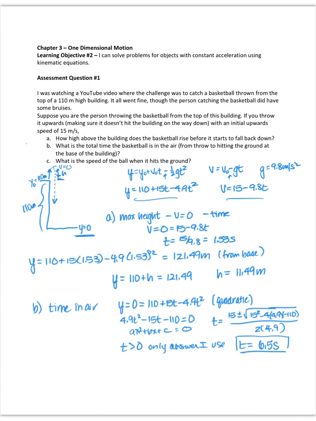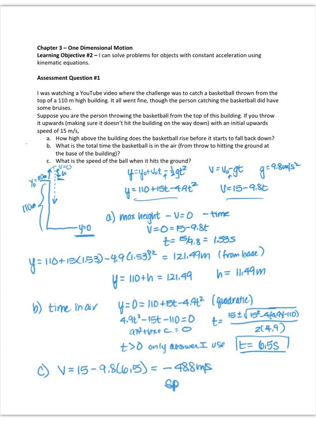Now finally, I want to know the speed of the ball when it hits the ground. I already know it's in the air for 6.5 seconds, so I basically want to just find the velocity at 6.5 seconds. And if I do that, I find minus 48.8 meters per second.